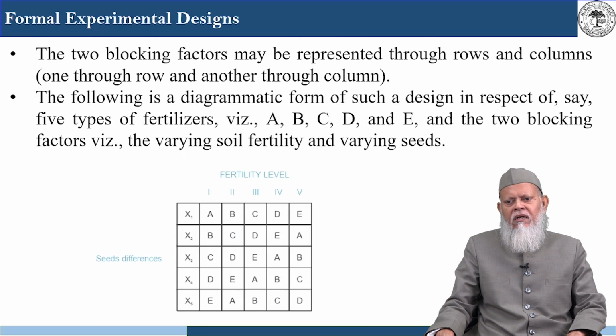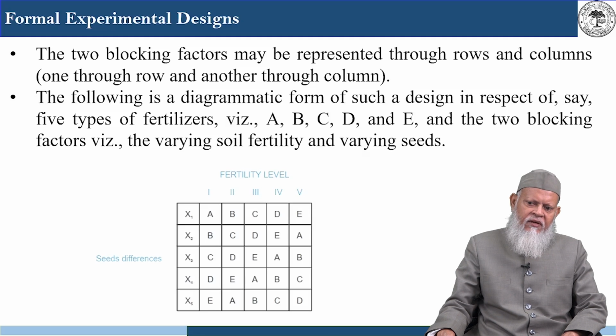So, in the diagram, we have the fertility level or the difference in fertility in the row, and in the column we have the difference in the seeds, and the fertilizers are A, B, C, D, E.